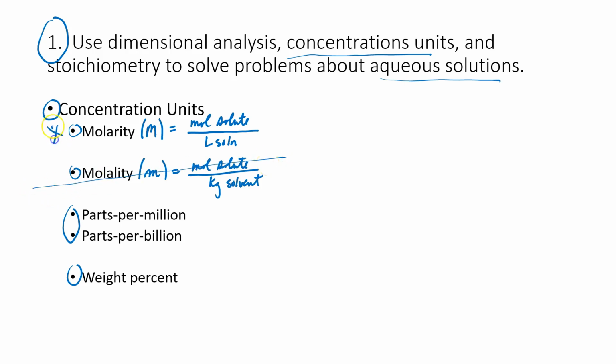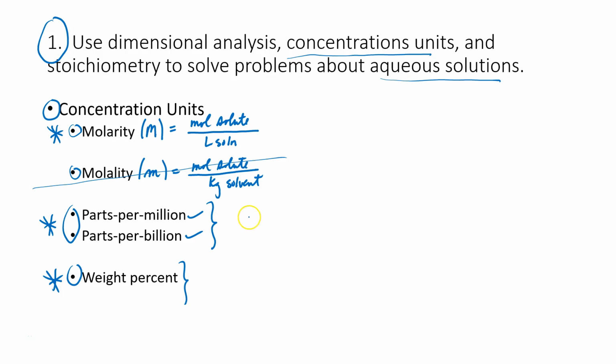There will be plenty with molarity, plenty using parts per million and parts per billion, and plenty using weight percent. In this video, I wanted to focus on parts per million, and in other videos, we'll focus on weight percent.